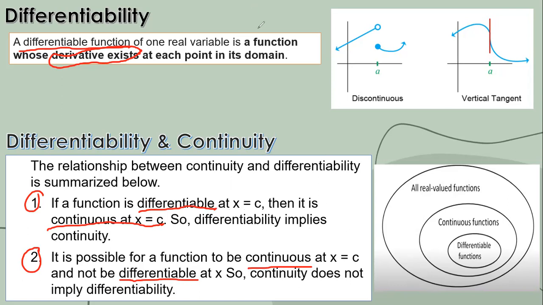Here in our graph, at the upper right corner, we have an example of a discontinuous function because we have encountered an interruption at x is equal to a. In our second graph, a vertical tangent line means its derivative is undefined at x is equal to a.